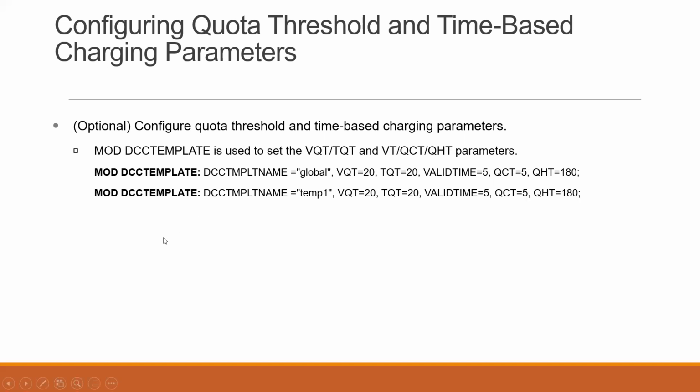If you have a link capacity issue, then maybe you increase the values of the volume quota threshold, the VQT, and the TQT, the consumption time and the holding time. And if you want frequent communication between the OCS and the PGW, then obviously you can decrease the values of the consumption time and the holding time.